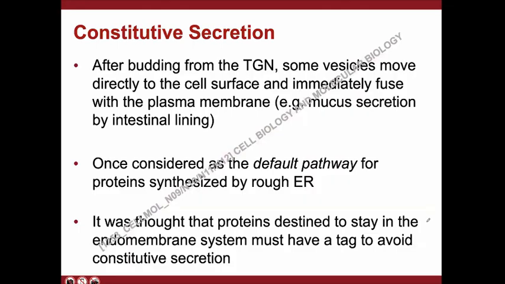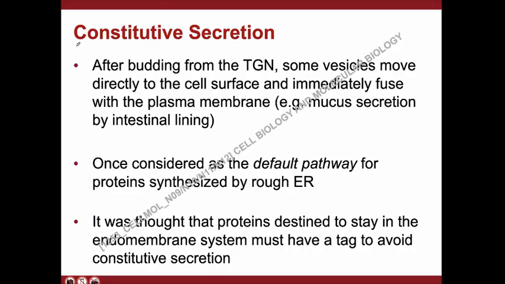So let's discuss each of these secretions, starting with constitutive secretion. Okay. So after, let's say, the vesicles bud off from the TGN face, these vesicles will now move directly to the cell surface and immediately fuse with the plasma membrane.